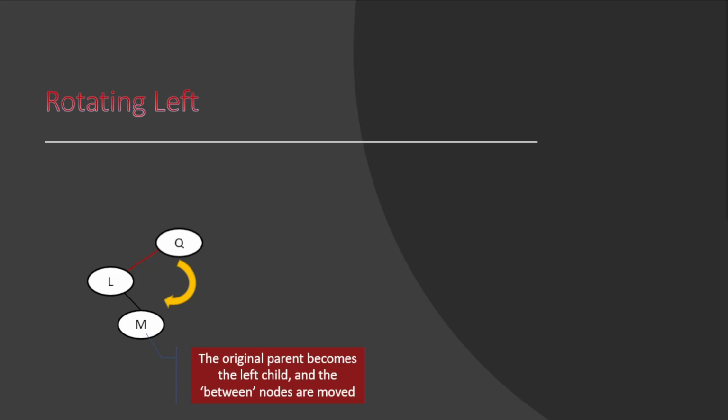But the trick on rotating left is I also then need to change the parent of L to point to Q instead. And that's where, in a basic binary tree, we were returning nodes all over the place in all the different recursive methods, even when we didn't necessarily use them at that point, because we needed that to be able to rotate. When we rotate, we need to restructure the tree.